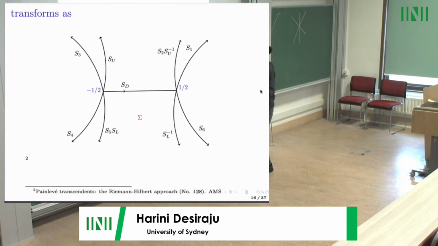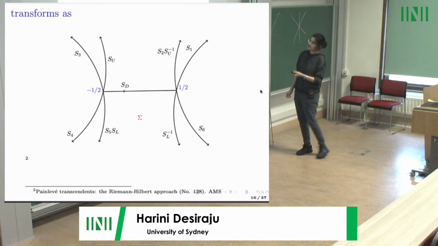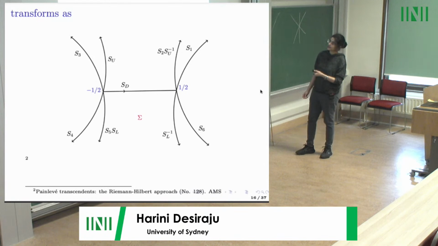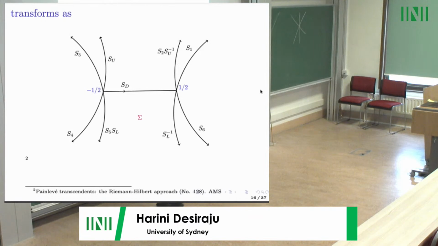The corners are fine. S1, S6, S4, and S3 are preserved in this picture. The transformation is really happening at the level of S2 and S5. That gives us 4 extra rays and a diagonal jump, where D is diagonal. And these points are exactly plus and minus half.